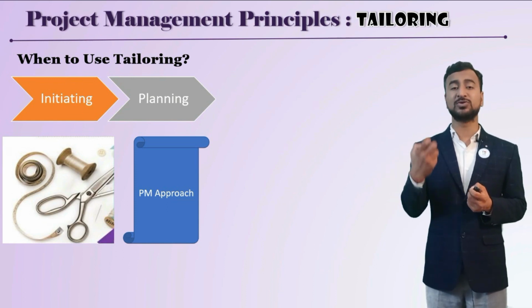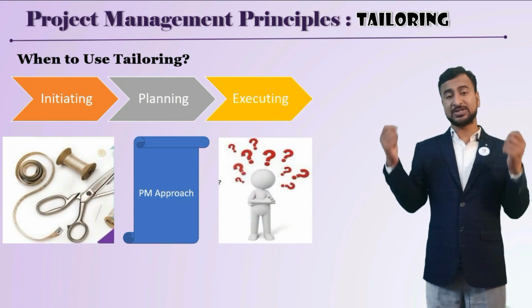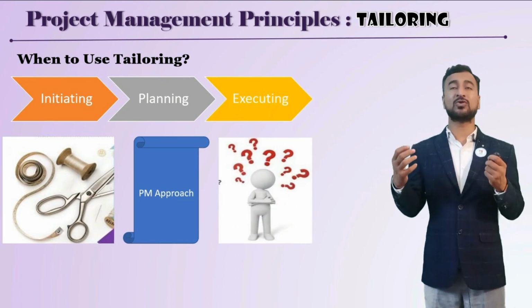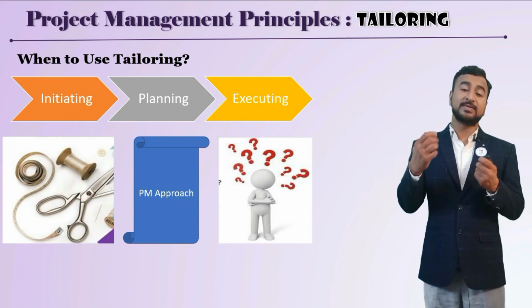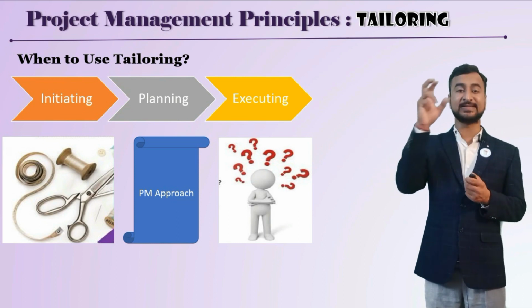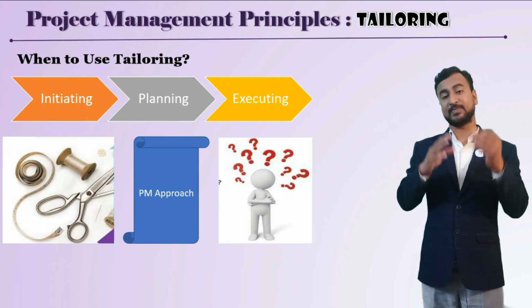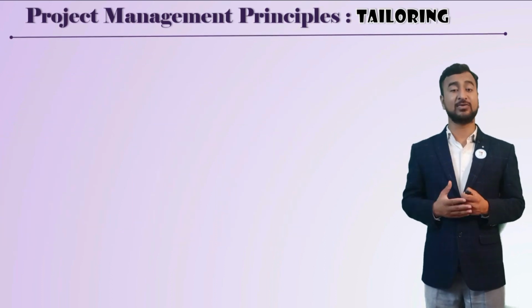In execution, sometimes one size is not fixed. Sometimes you need a hybrid, taking some processes from one framework and others from another so that you can deliver the result and finally close it.